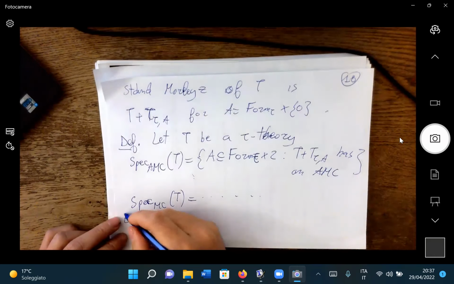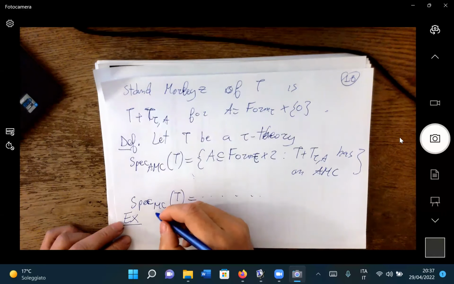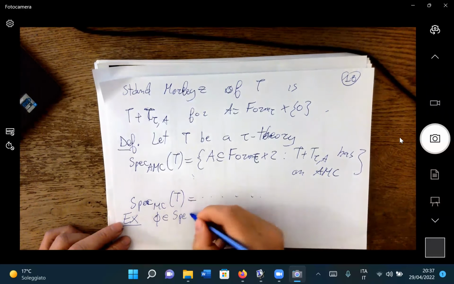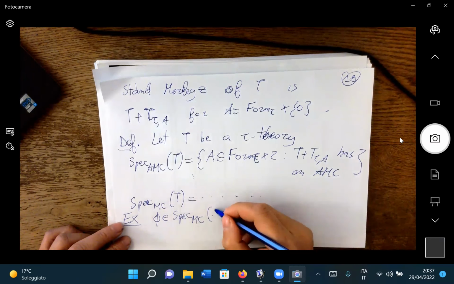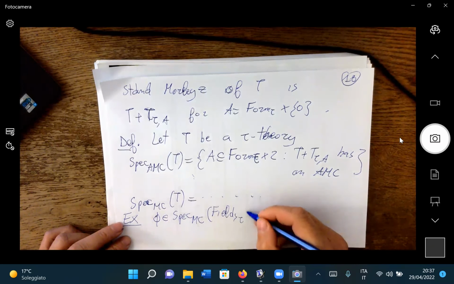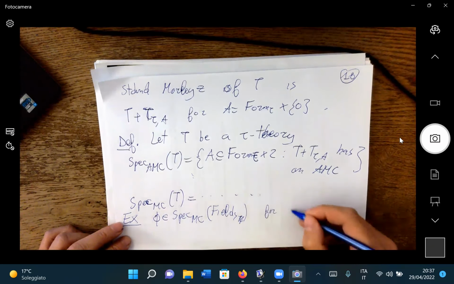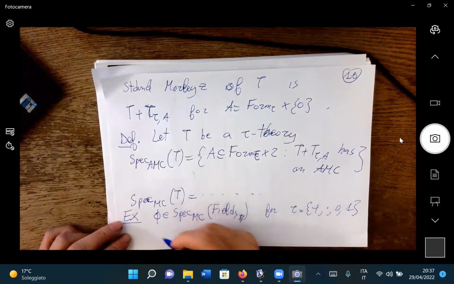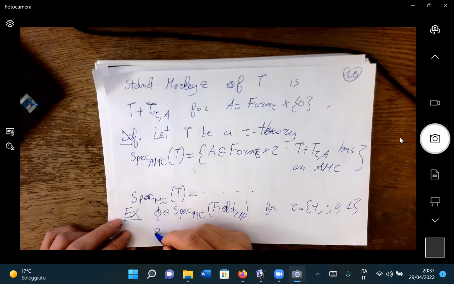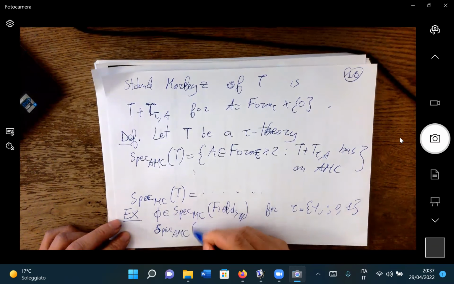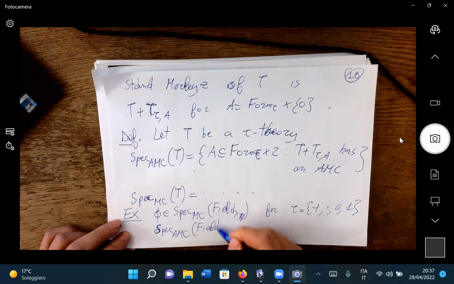Okay, so for example, one can check that the empty set belongs to the spec of the model companion of fields in the signature tau equals plus, times, 0, 1. While one can check, I'm not going to prove it, that the spec of AMC of fields is equal to the empty set.